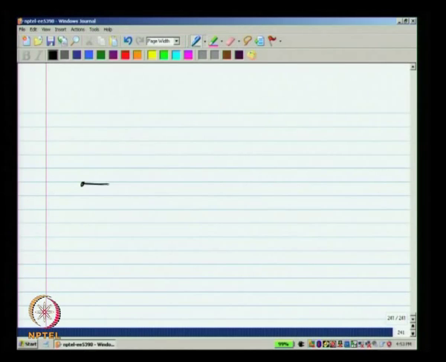Now, what about these other parasitic capacitors? We will not do the exact analysis, but we will try to get a feel for what their contribution will be by looking at a simple cascode stage. So, let me take a common source amplifier which has some V bias plus Vi.